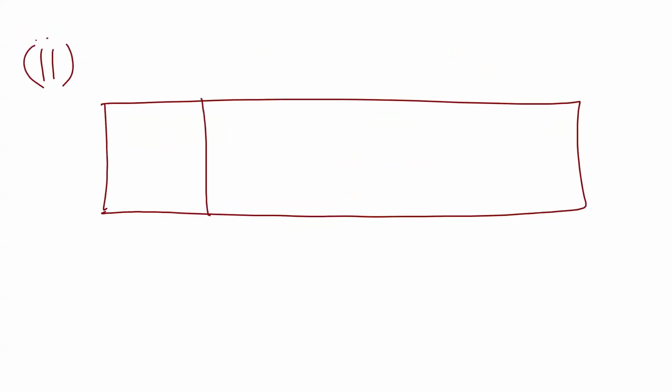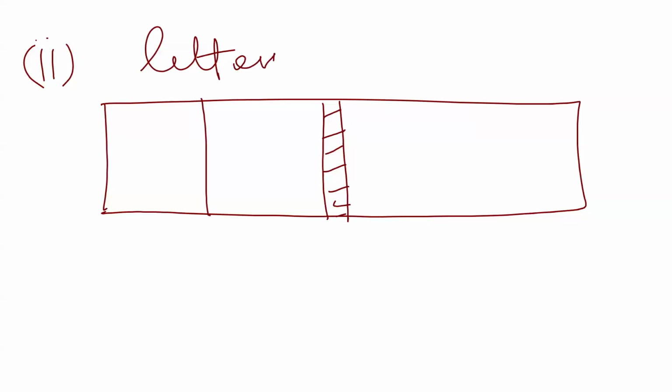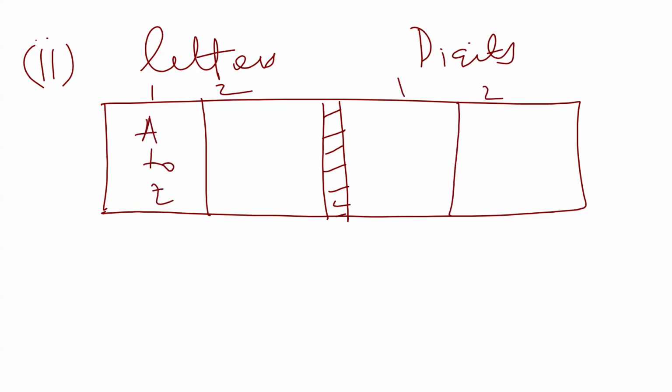Second part of the same problem. The first two are letters and the last two are digits. So this is A to Z, 26 ways, 25 ways.